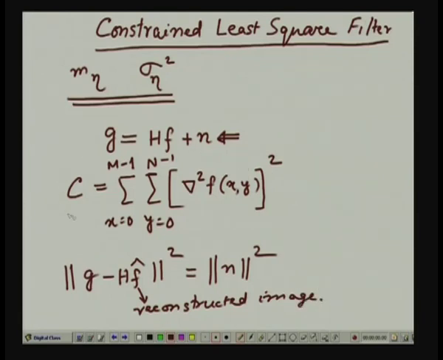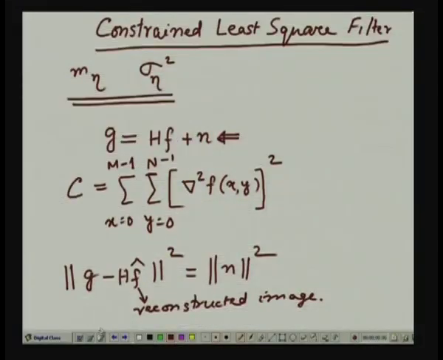That is why it is called constrained least square filtering.